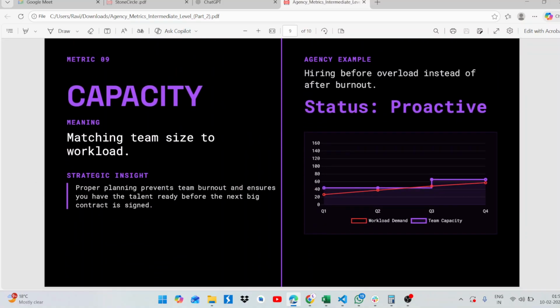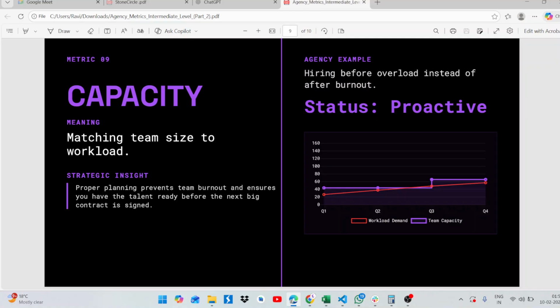What is capacity? We have already discussed this. How much workload can your team take? If there are two editors or two social media managers, and they can take four projects each, and if they've taken them entirely, then the capacity is met. But if they have taken half of what they're supposed to do, it's only 50%. So you have to always track it, like I have done in the chart here. How much capacity has been met?